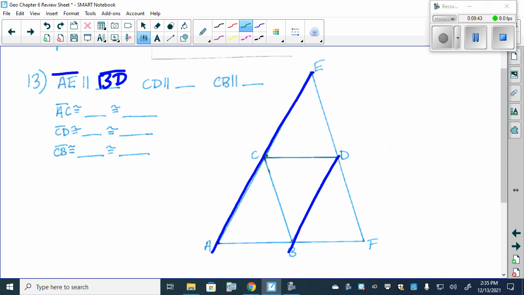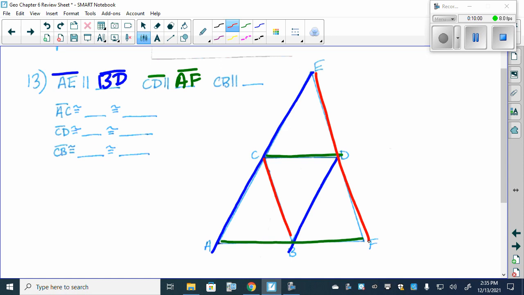We also would have that CD is going to be parallel to what? AF, its third side. And lastly, we would have that CB would be parallel to EF.